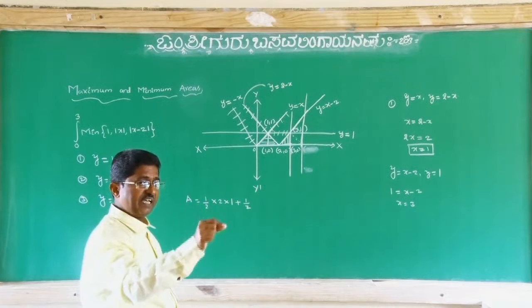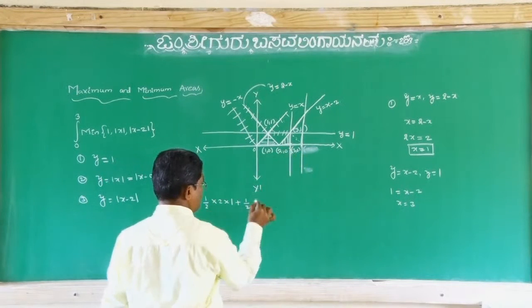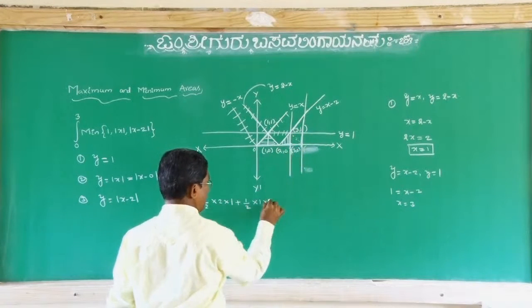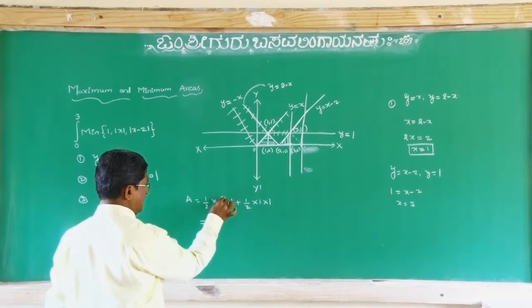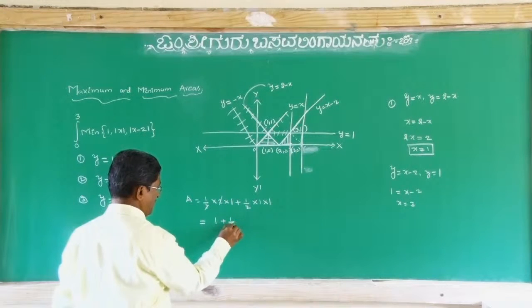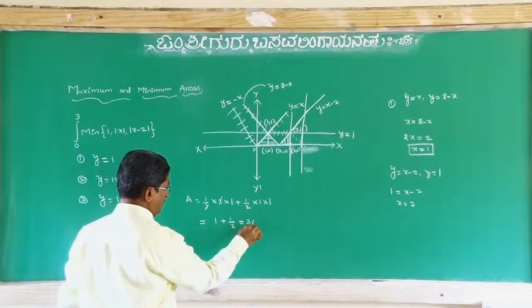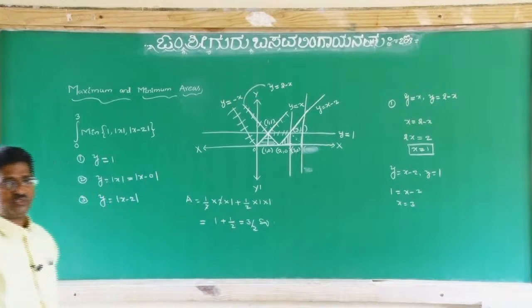Anyhow, on the x axis, the y coordinate should be 0. So 3 minus 2 equals 1, base distance is 1, and the height of the triangle, the y coordinate, is 1. Now calculate: the 2 gets cancelled, (1 plus 1) by 2 equals 3 by 2 square units.